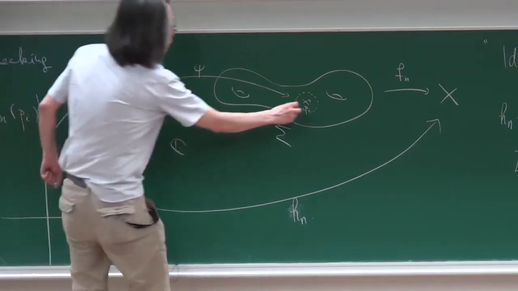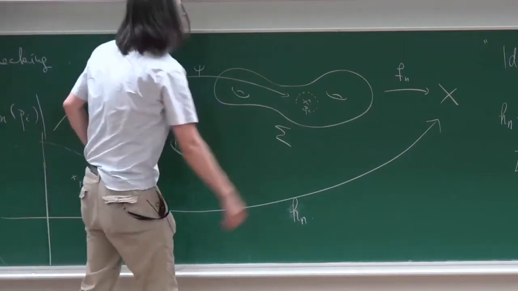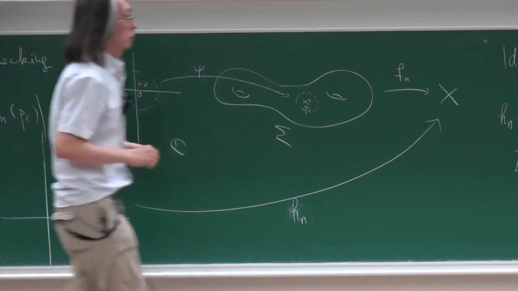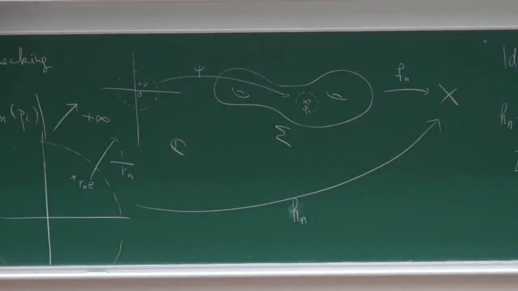And also the radius of this smaller neighborhood is still not so small, so that if you multiply with this magnitude, it tends to infinity. So there is some lemma due to Hofer.